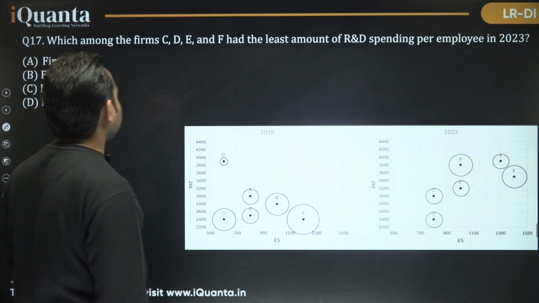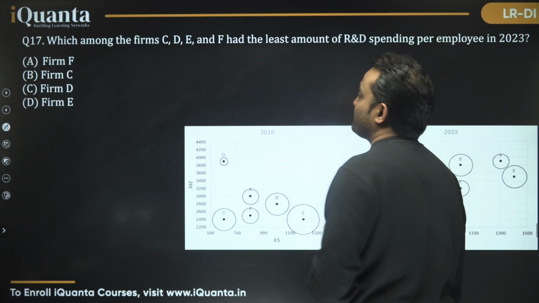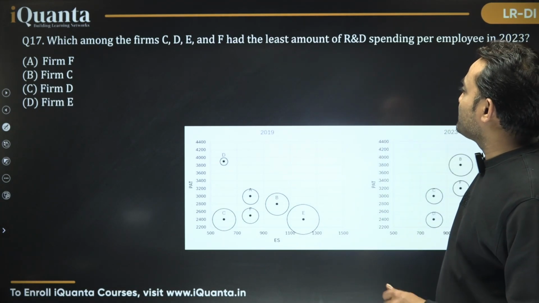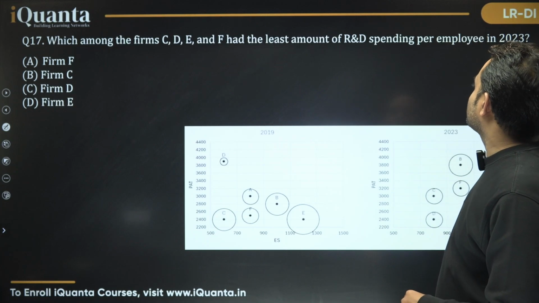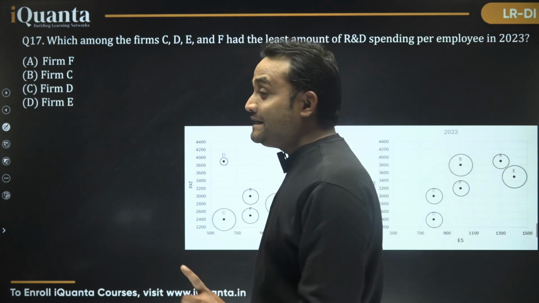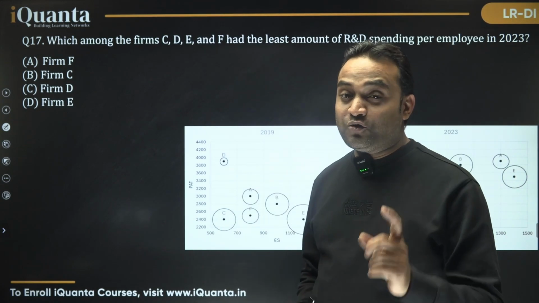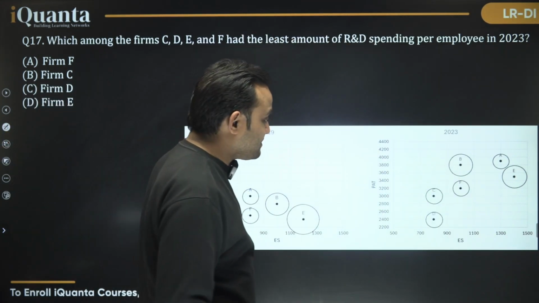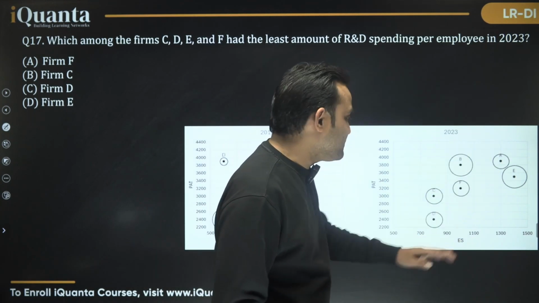Question number 17 says, which among the firms C, D, E and F had the least amount of R&D spending per employee in 2023? Least amount of R&D. Again, how do we calculate R&D? First, we need to find the percentage value in each case, the R&D percentage.